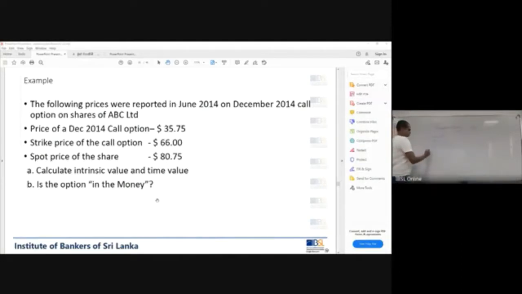Intrinsic value for a call option is the market, in this case the spot, minus the strike. Intrinsic value is 14.75.